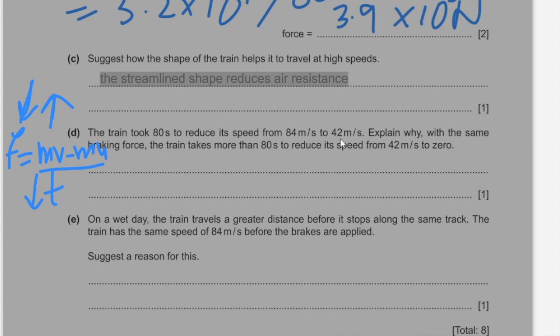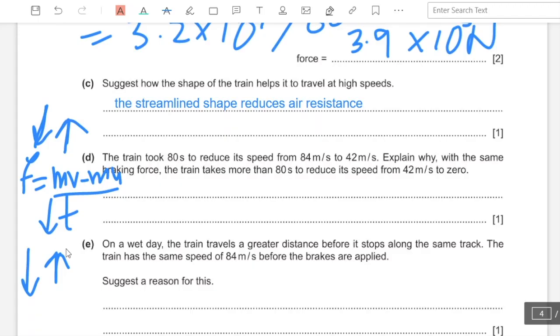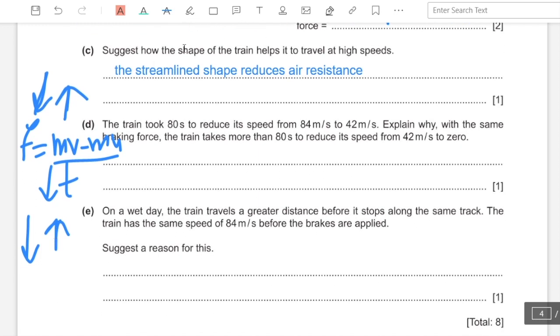In the second case, the speed is less, which means the air resistance would also be less, and so to oppose that air resistance, the force required is much less. Once again, since force and time are inversely proportional, in the second case, time required is going to be greater than the first case.